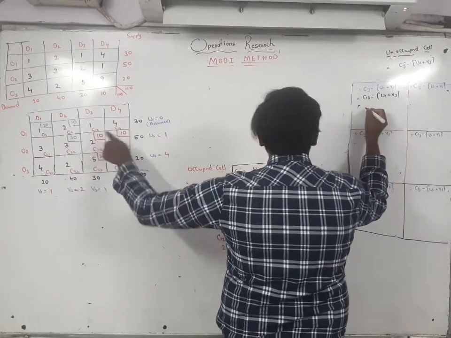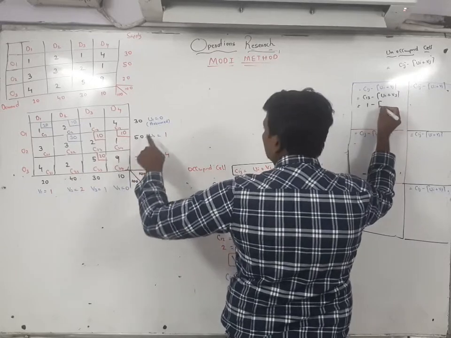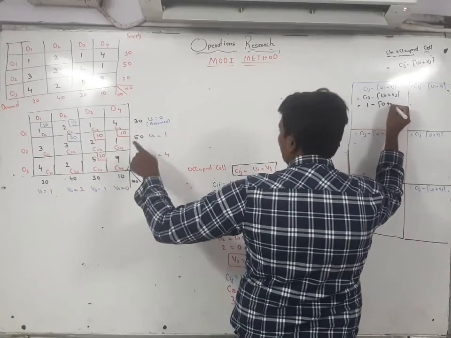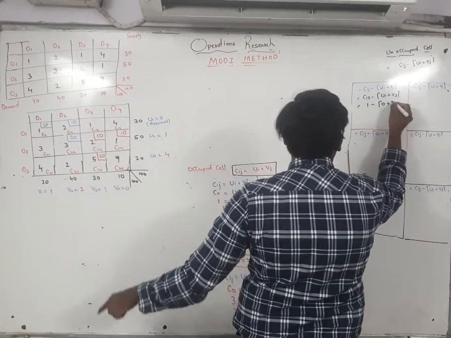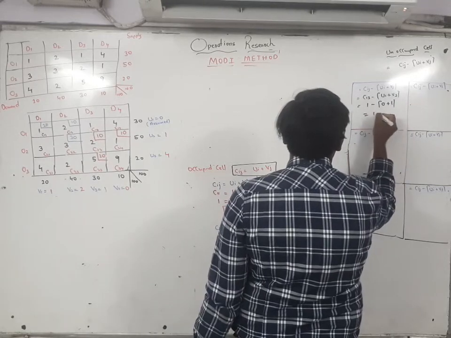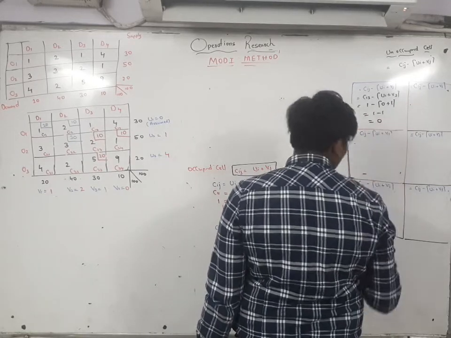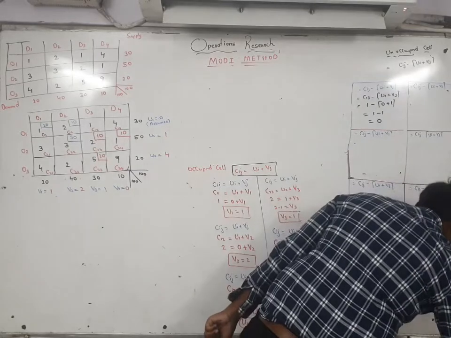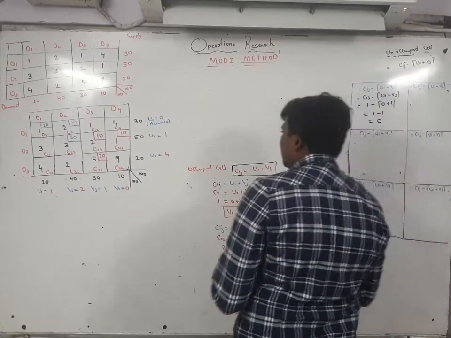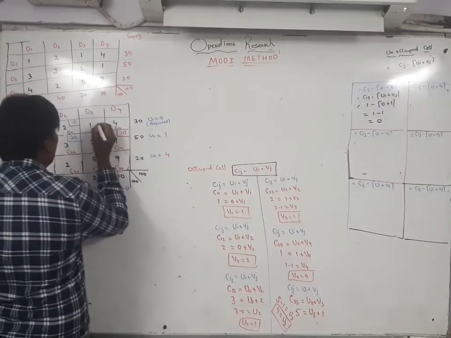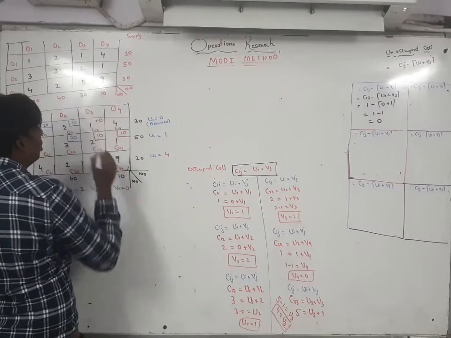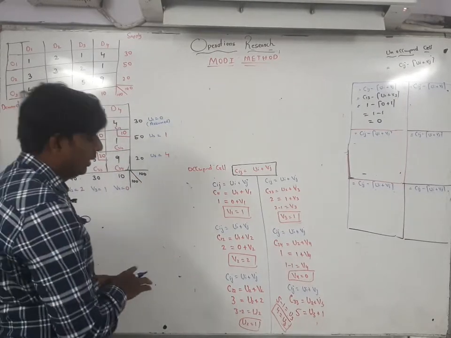C13, what is the value? 1 minus U1 value is 0, V3 value is 1. So how much are you getting? 1 minus 1, answer is 0. So here you can write plus 0.